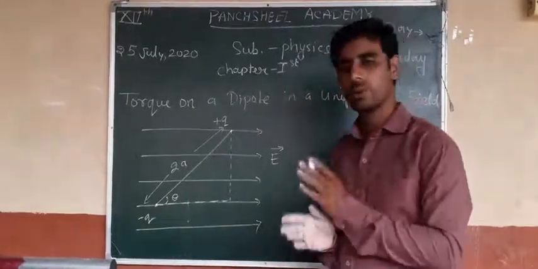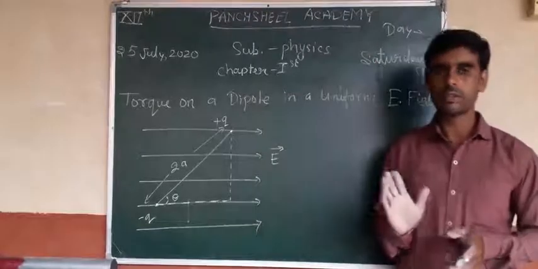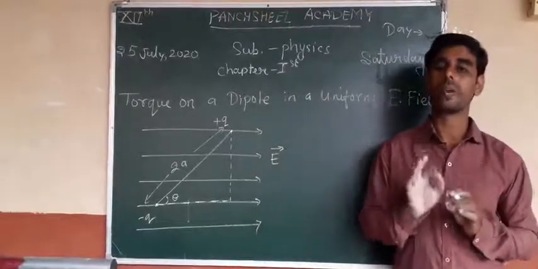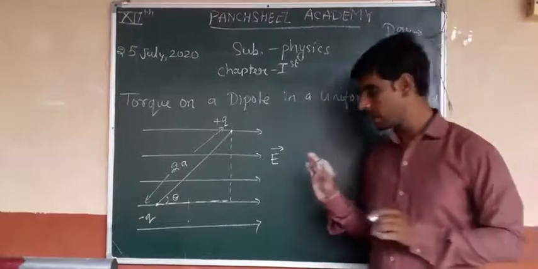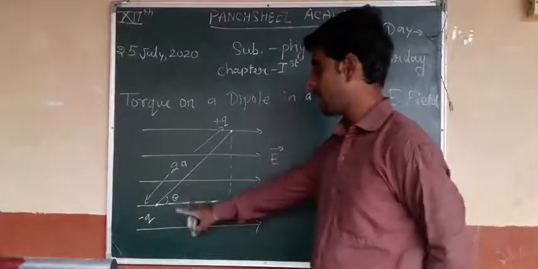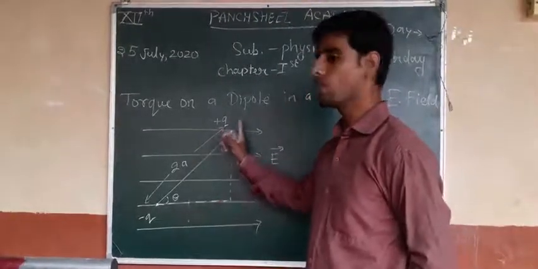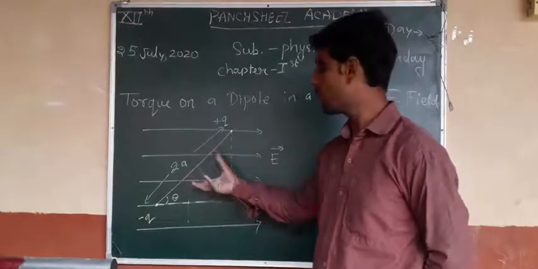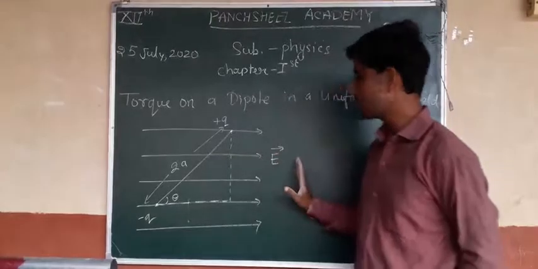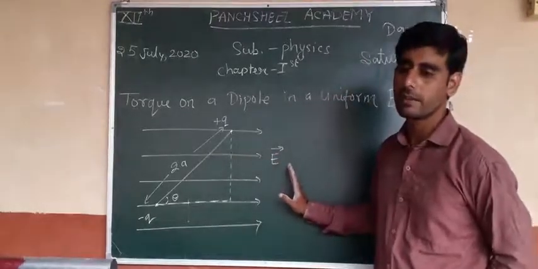Before going to any derivation, first you have to write some considerations. Consider an electric dipole, minus q to plus q, having separation 2a, placed in a uniform electric field.